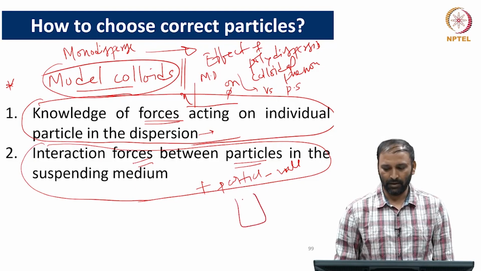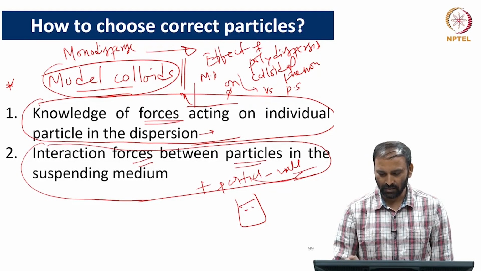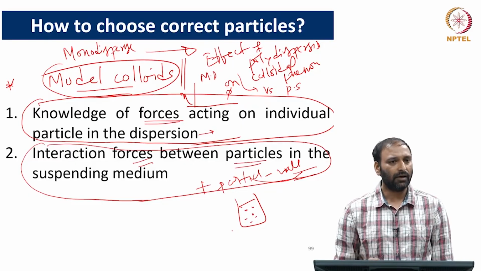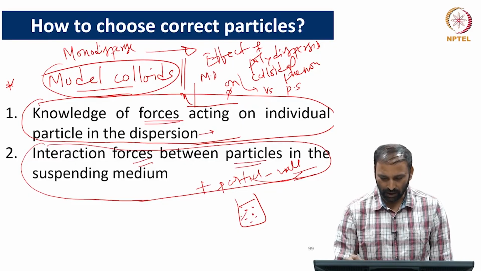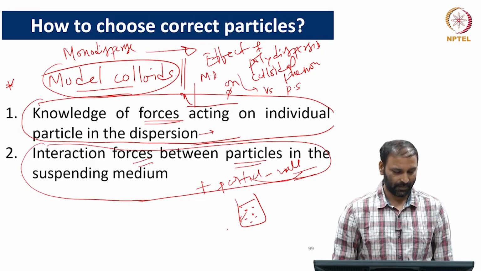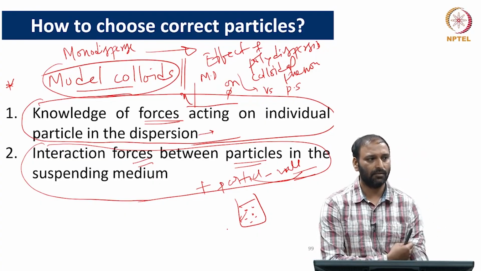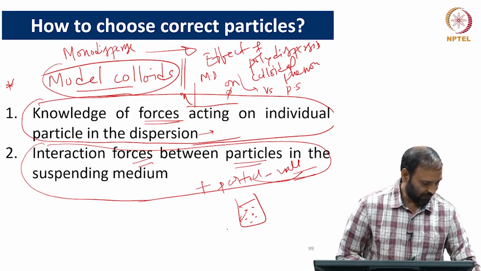In the case of Brownian motion experiments, it is the interaction between the particle and the wall. If you have particles in, say, a beaker, it's the interaction between the particles and the walls of the beaker itself. These are also important. Any questions so far? Okay, we will move on.